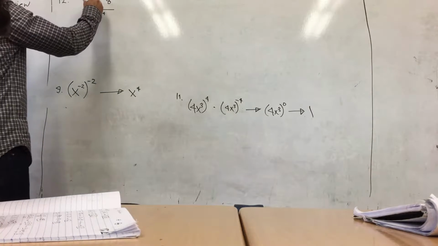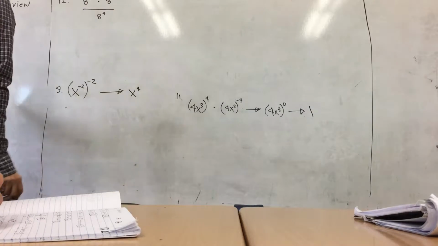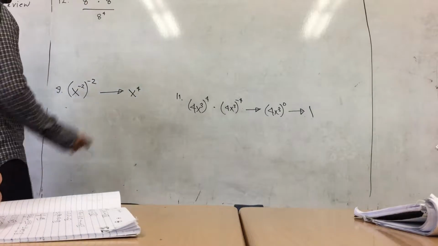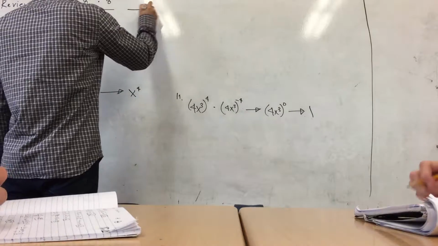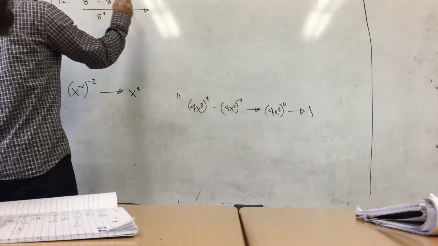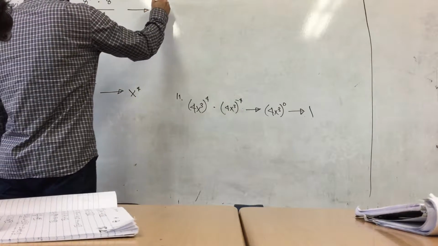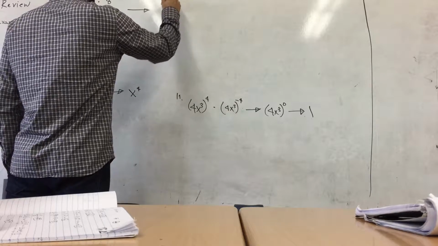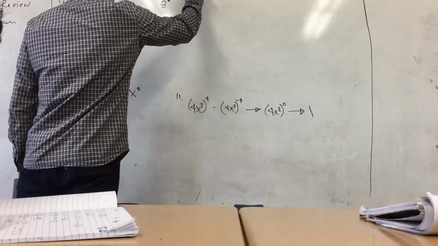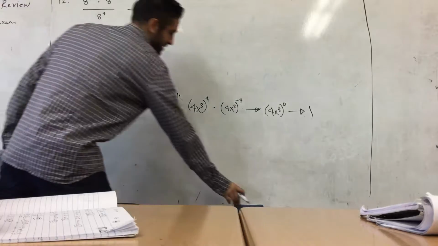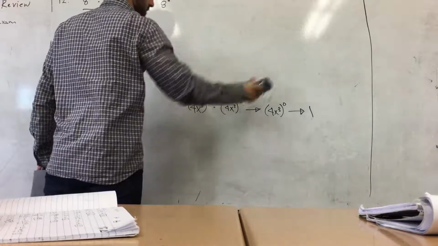These are putting the properties together. I haven't given you one with division yet, have I? That's okay. What do you do on top? 8 to the 5th power. Okay, that's 8 to the 5th. You guys are going to be perfect in the way that you articulate.